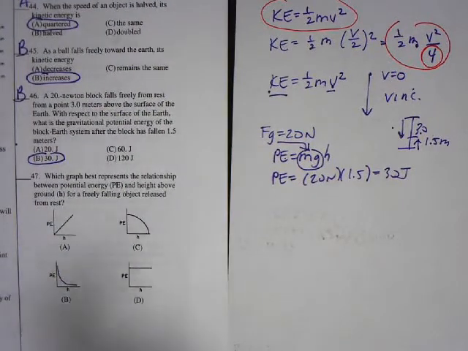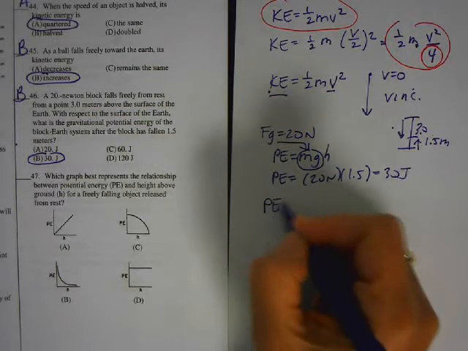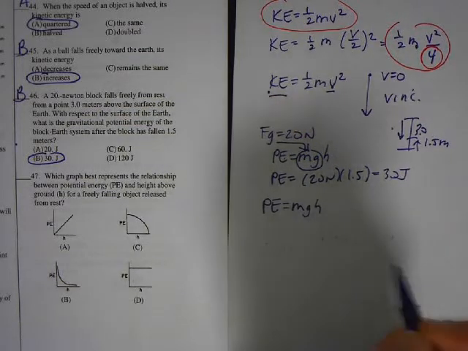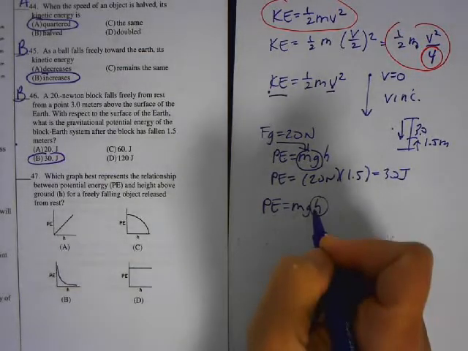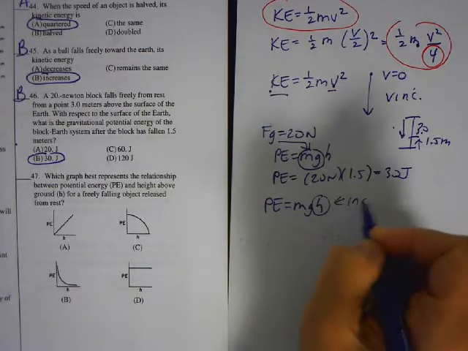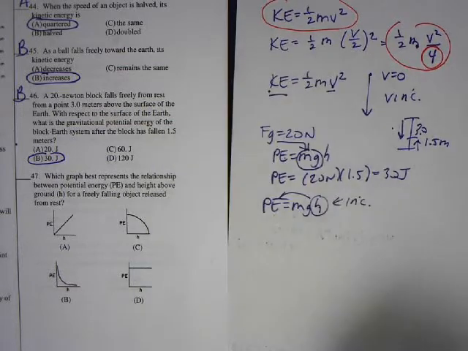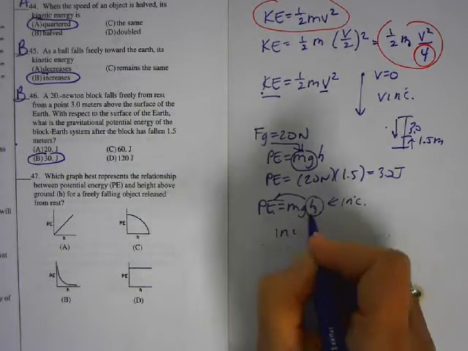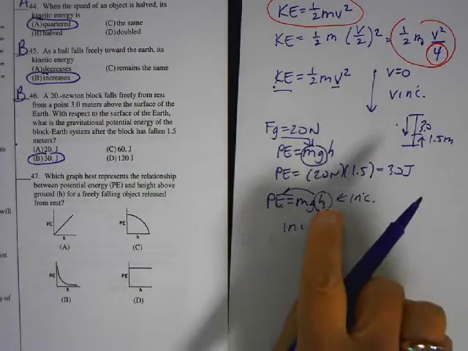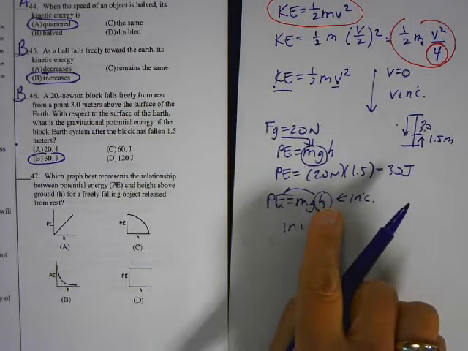Number 47. Which graph represents the relationship between the potential energy and the height above the ground? So let's look at my equation. Potential energy is mgh. So my graphs all have the height. As my height increases, what happens to my potential energy? It's also going to increase because these are directly proportional. Now, is this height squared?